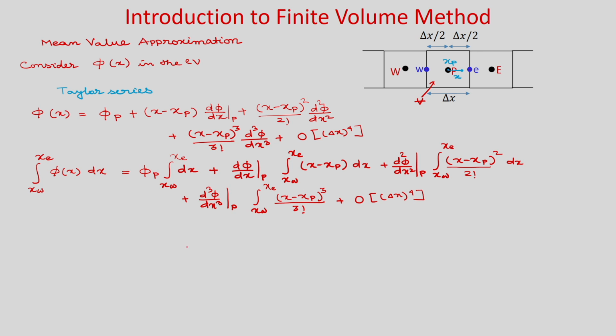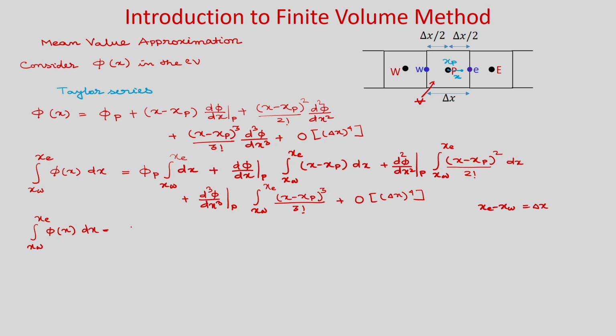So, now if you integrate it, what will you get? You can write integral x w to x e, phi x dx. If you integrate dx, you will get x e minus x w, and x e minus x w is nothing but delta x.